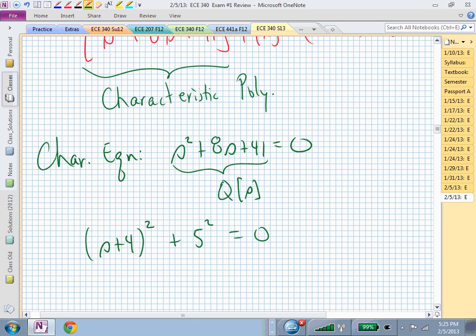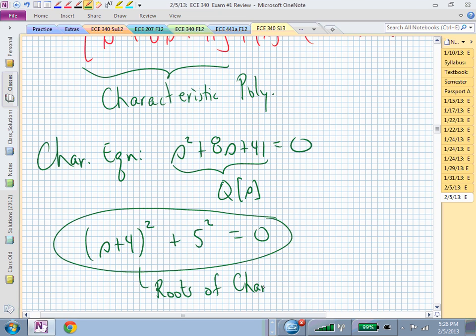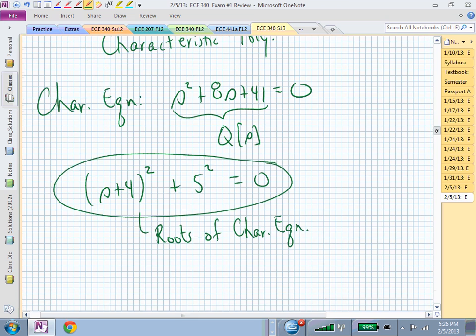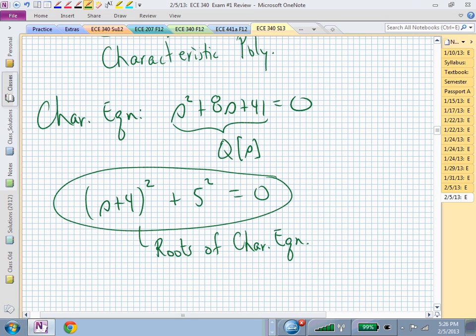And from this, you can find the roots, if you could see that. If you couldn't, just plug it into the characteristic polynomial and the roots will jump out at you. You now have roots at -4 plus and minus j5.